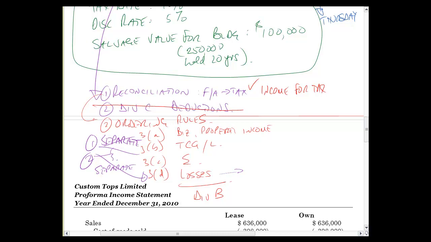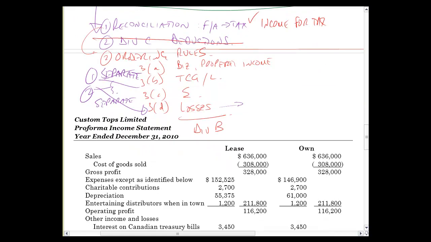So where does Division C come in? Jessica. Right, so we go from Division B to Division C, and we have things like losses of other years, donations, anything else? What's that?